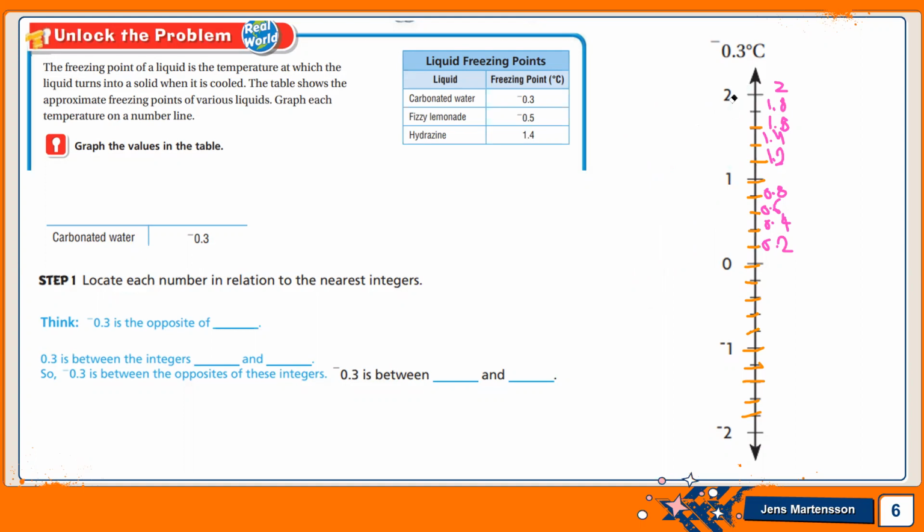I choose a difference: 2 minus 1 is 1, 1 minus 0 is 1. I took the difference between two values, for example 1 and 2, or 0 and 1, or 0 and negative 1, or negative 1 and negative 2.